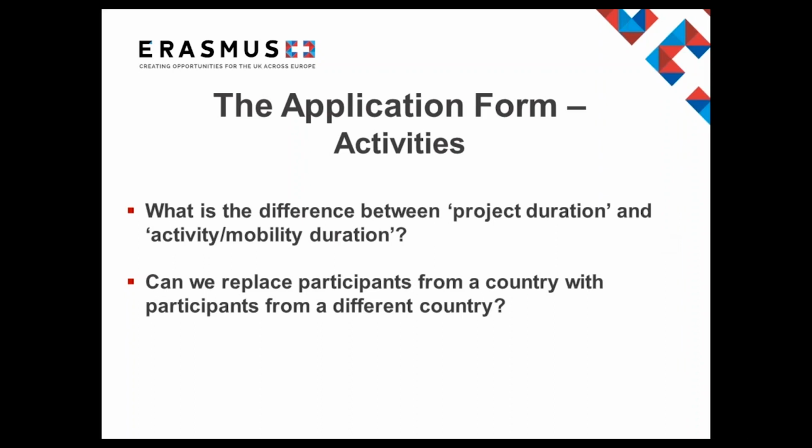Another frequently asked question is, what's the difference between project duration and activity or mobility duration? The project duration refers to the full duration of the actual project, which can be between 3 and 24 months for all 3 types of projects. The activity or mobility duration refers to the actual duration of activities implemented during the lifetime of a project.